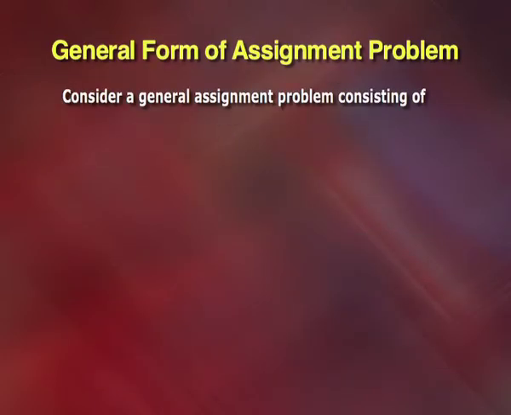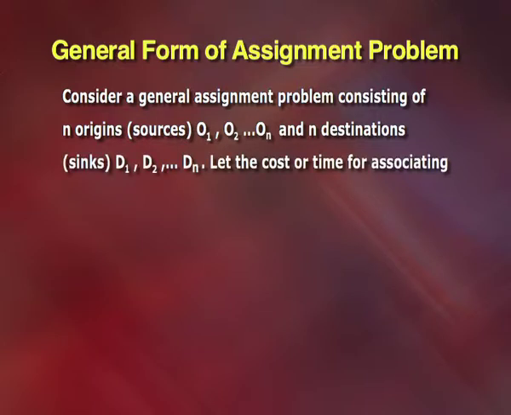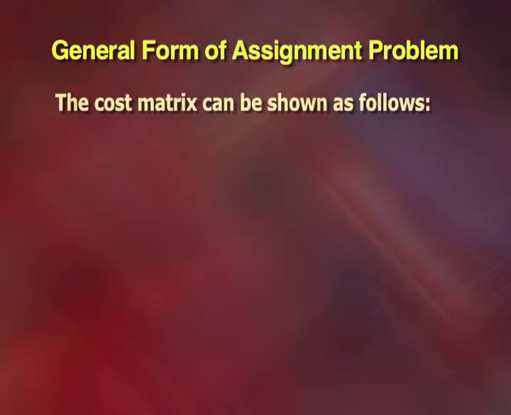General form of assignment problem. Consider a general assignment problem consisting of n origins or sources O1, O2 up to On and n destinations or sinks D1, D2 up to Dn. Let the cost or time for associating the ith origin to the jth destination be Cij. The cost matrix can be shown as follows.